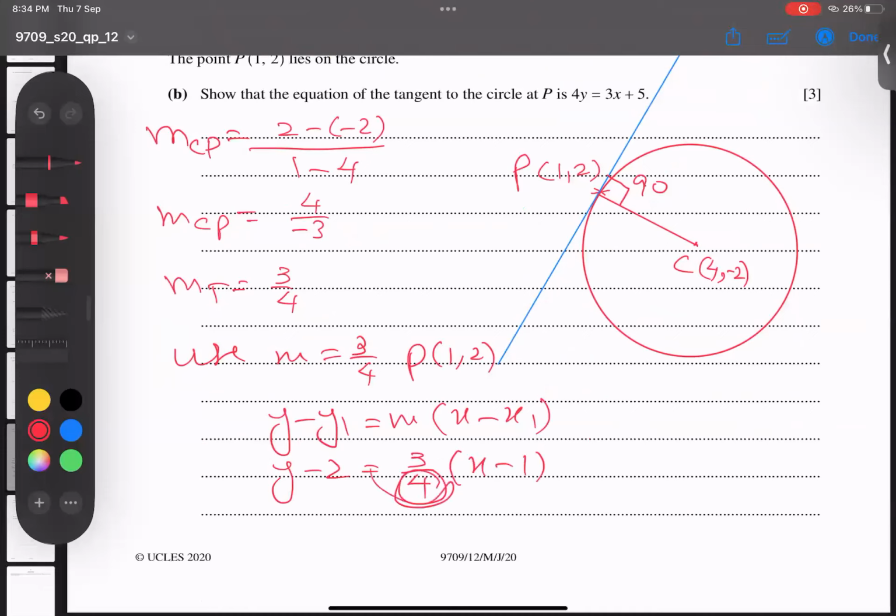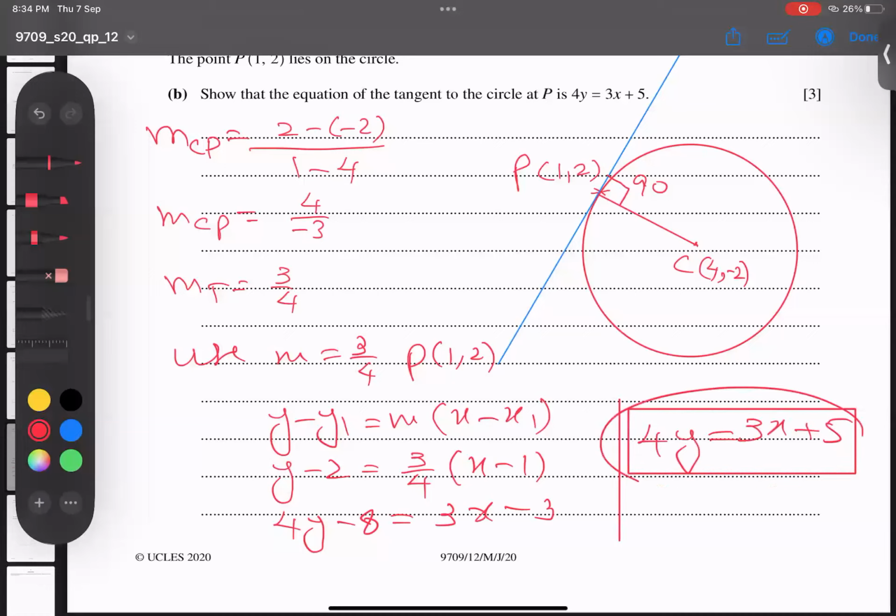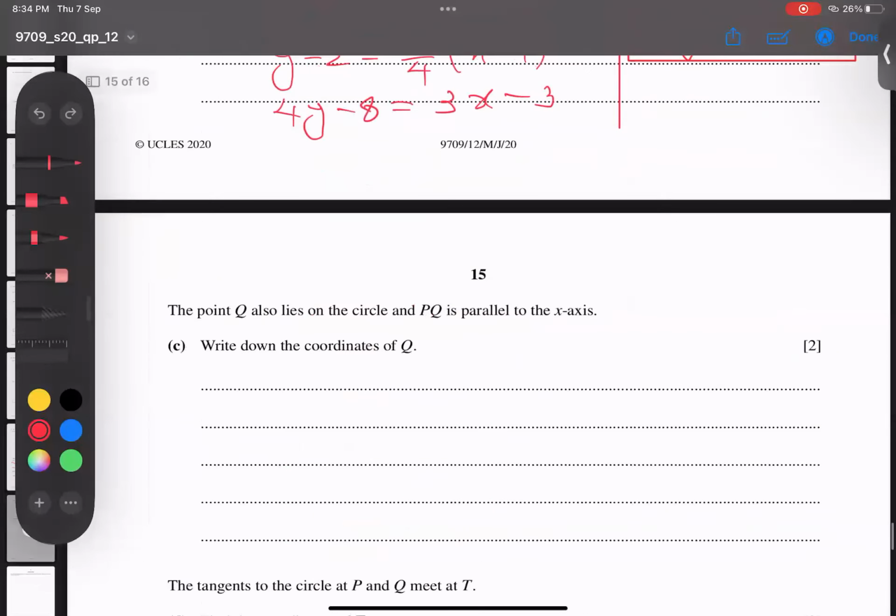The best habit is to multiply the left hand side by 4 to avoid fractions, and 3 multiplies inside, becoming 3x minus 3. Finally I get 4y equals 3x plus 5, and this is exactly matching. Done.